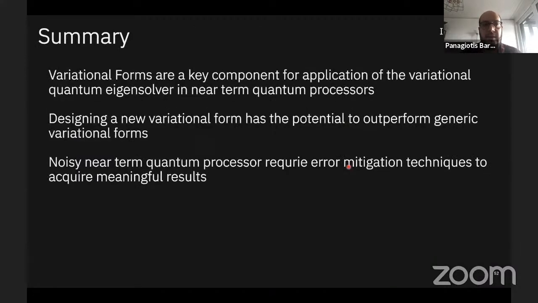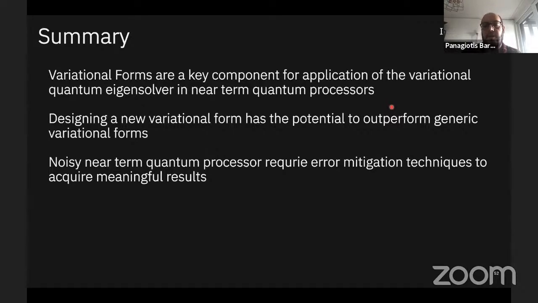But as a final summary of my talk, I would like to say that variational forms are a key component for the application of the variational quantum eigensolver in near-term quantum processors. The solution that we acquire is highly dependent on what variational form we are using.